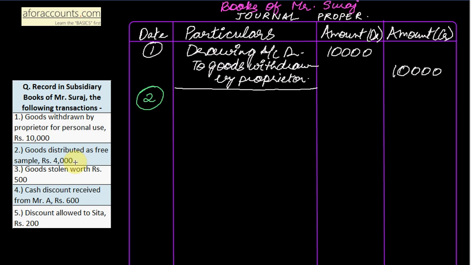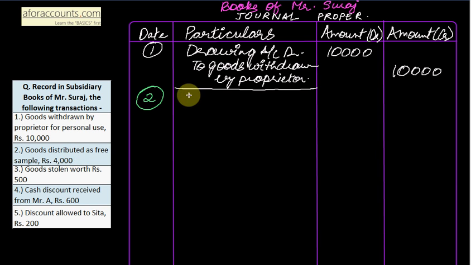So when I am distributing something free, it is a sort of advertisement, and advertisement expense is incurred by distributing through free sample. Neither purchase nor sale nor purchase return nor sales return nor any cash is involved. So it will come in your journal proper.